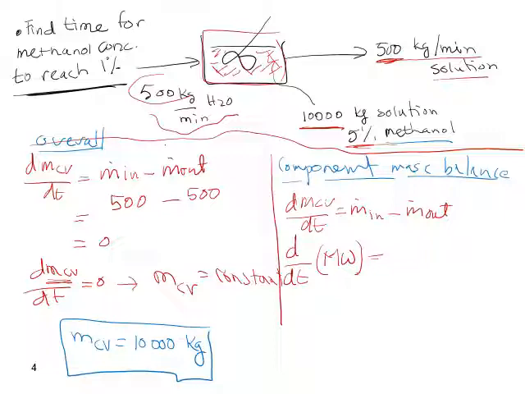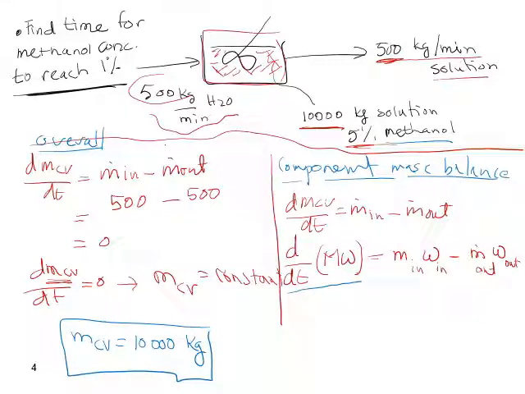So I will just say m_in times the concentration of methanol in the input stream, minus mass going out times the concentration W_in, and this is W_out, because I am just considering the methanol component here, the methanol mass balance. I can use the product rule here.